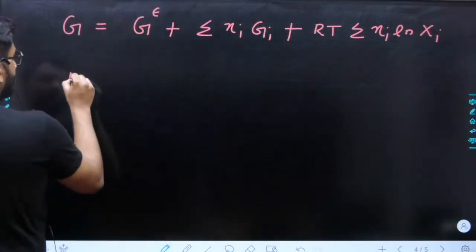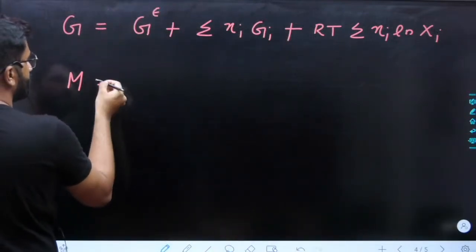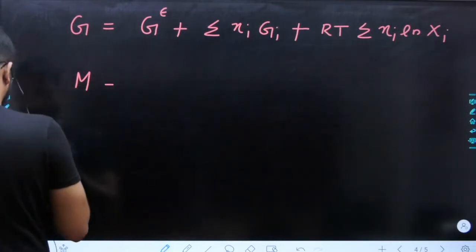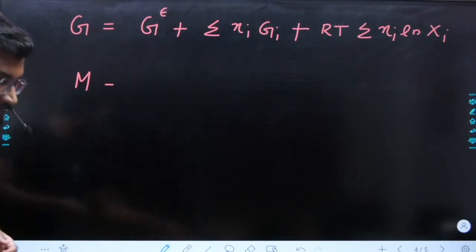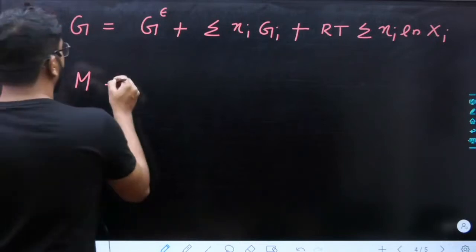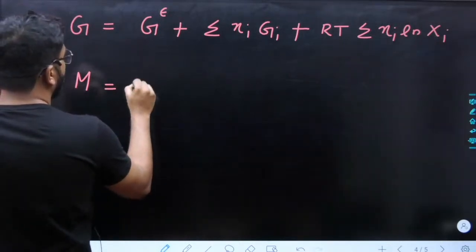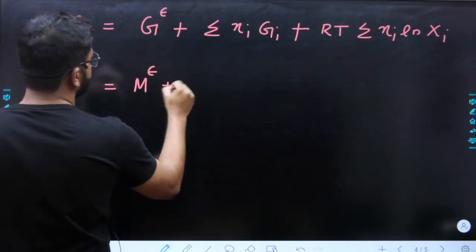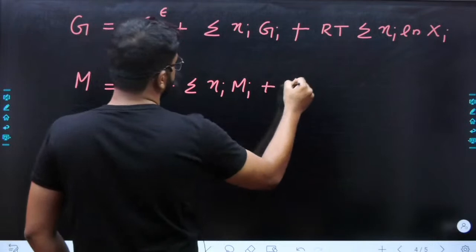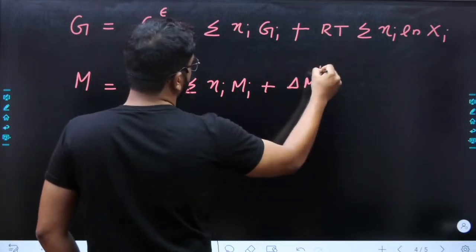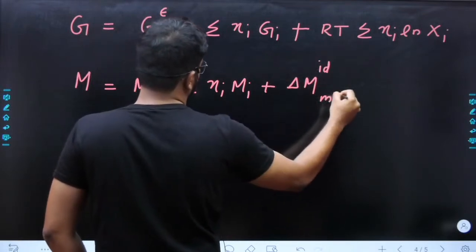Or this general equation is M is equal to Mxs plus sigma xi Mi plus delta M ideal mixing.